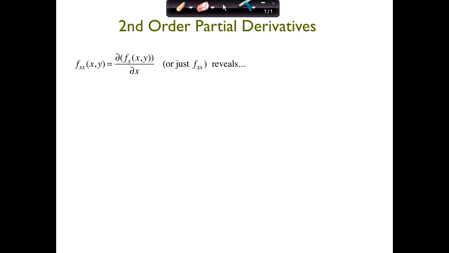And so, like David said, it reveals how the rate of change of z with respect to x, how that rate is changing with respect to x. But if you know me by now at all, you know I want to do better than that.